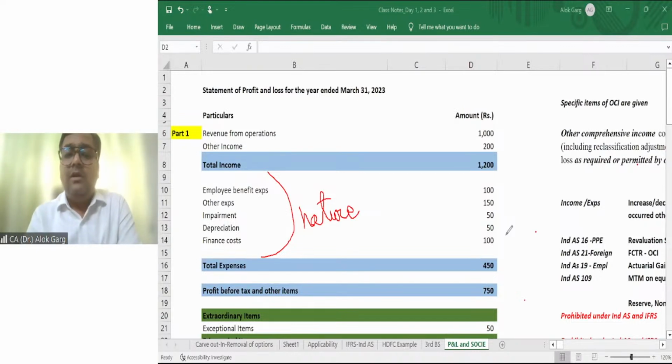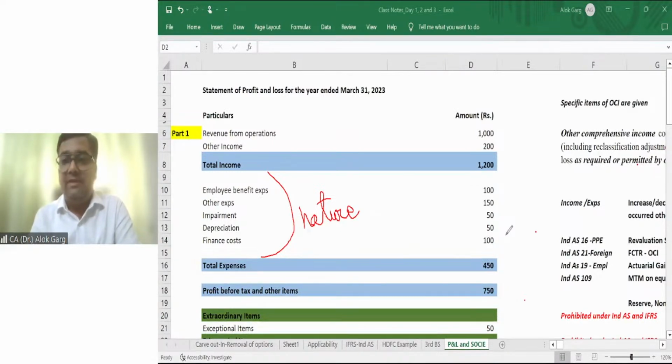Number two, the expenses are required to be classified only on the basis of nature-based classification. If you want to understand nature-based classification, I have already covered it in detail on day one. Number three, the format of the statement of profit and loss also includes a new section called other comprehensive income.